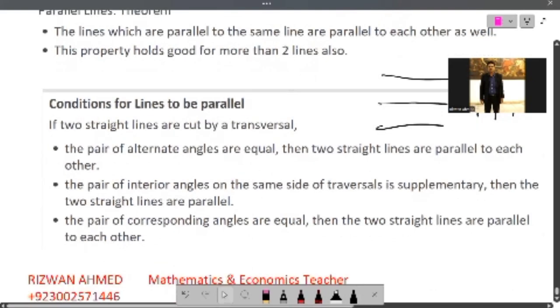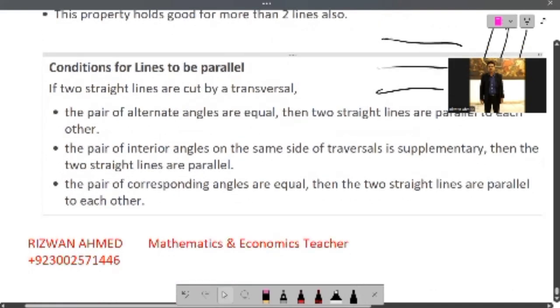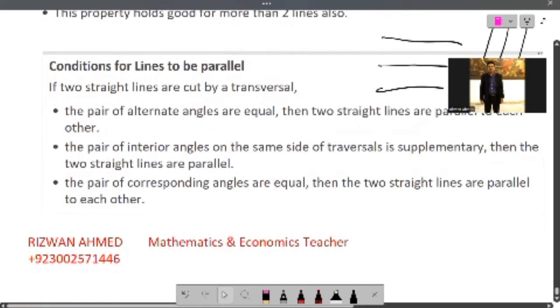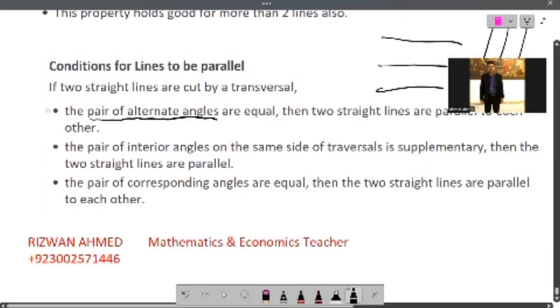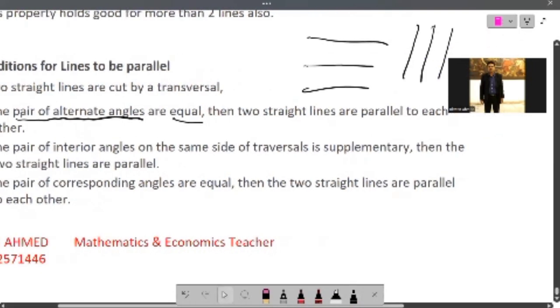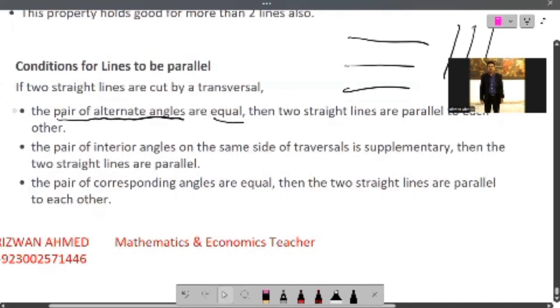Now, the conditions for lines to be parallel. We have to remember these three points. The first one: if a pair of alternate angles are equal, then the straight lines are parallel to each other.